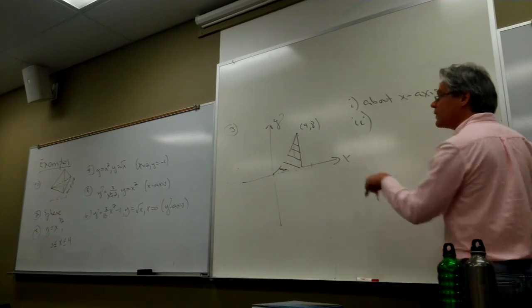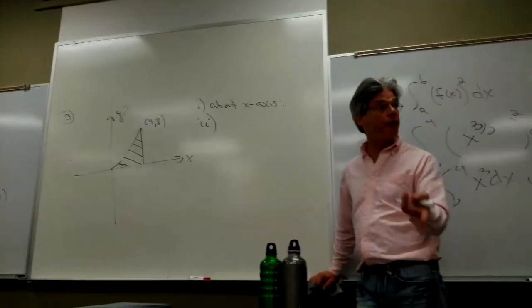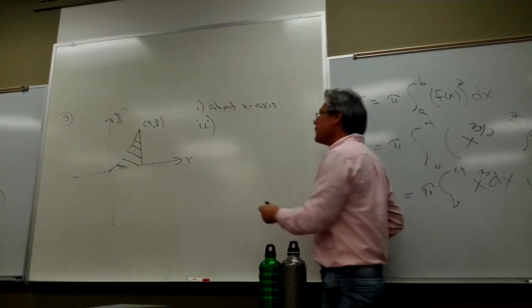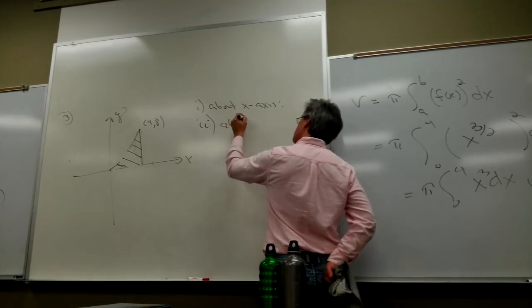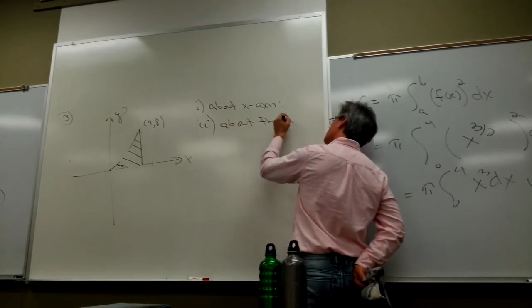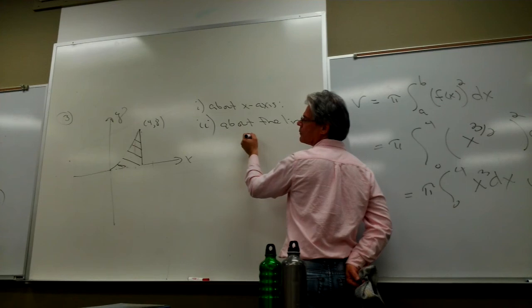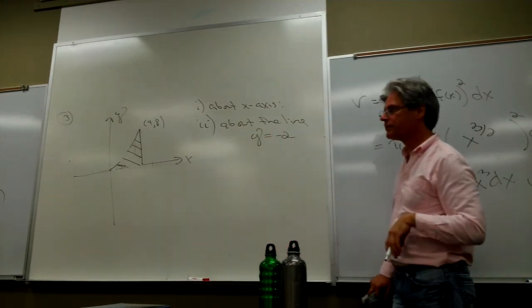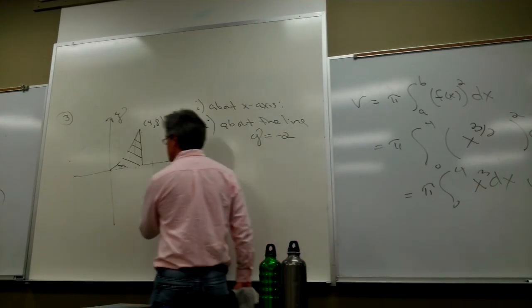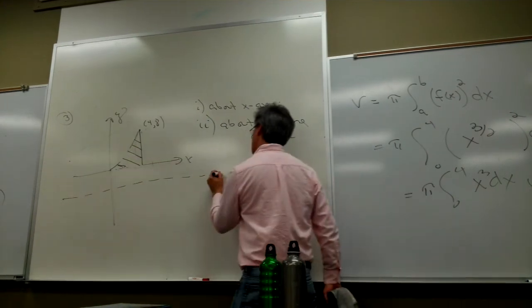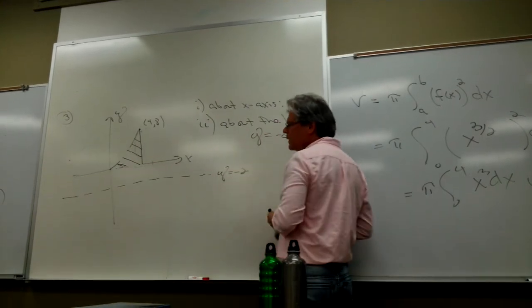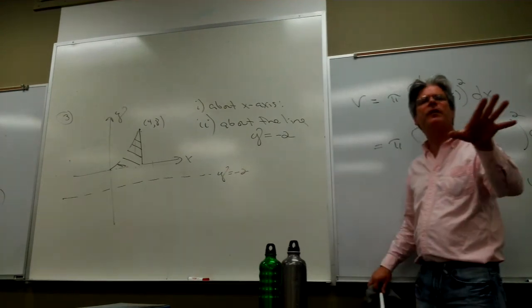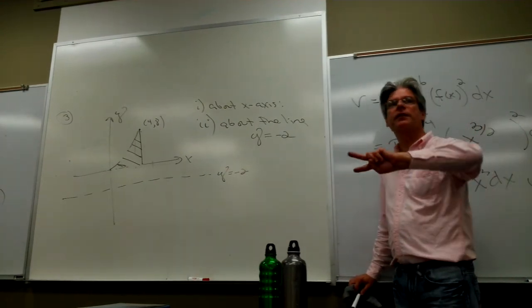Let's compute the volume of the solid of revolution generated by revolving this two-dimensional region about something else. How about the line y equals -2? What do you think that solid is going to look like?